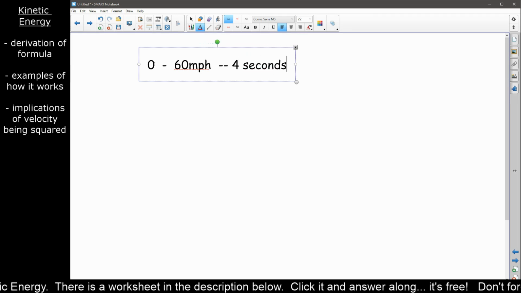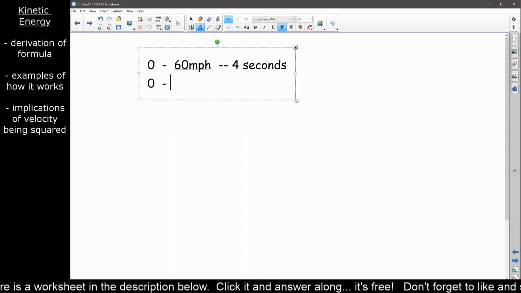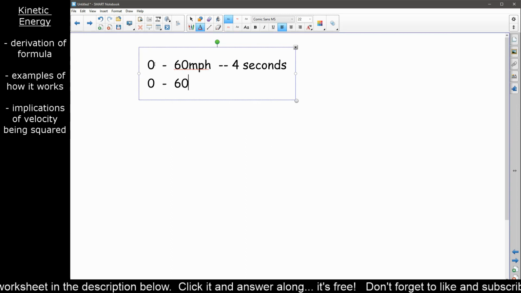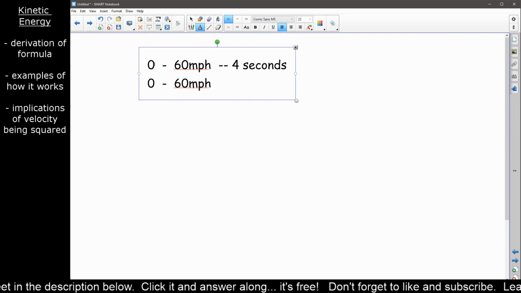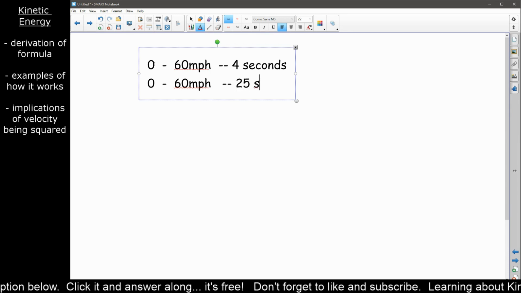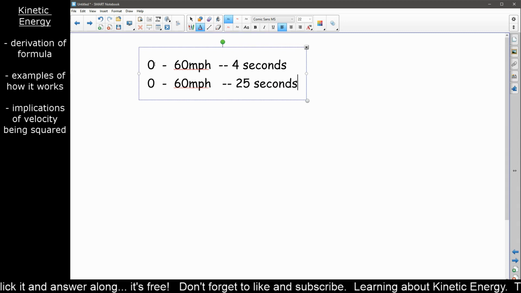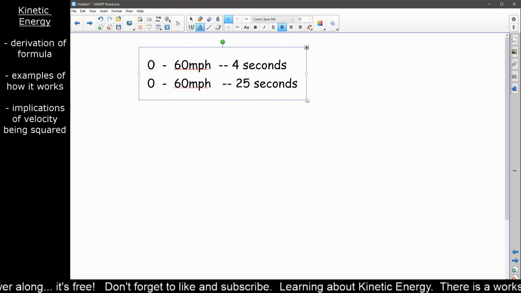I mean, that's a good car. The bottom of the range car type of thing that teachers end up driving gets you 0 to 60 in about 25 seconds. But the difference in price here is not a factor of 6. It's a factor of much more than that.